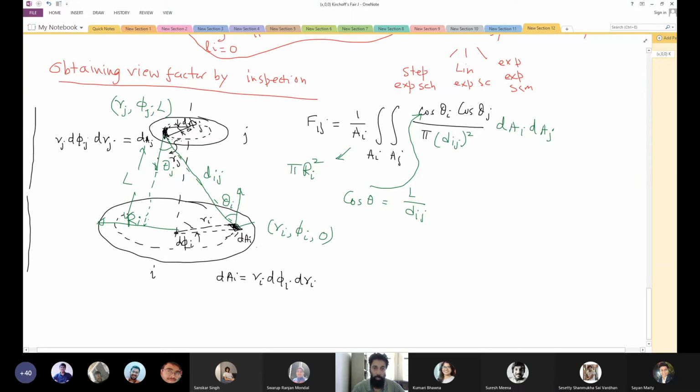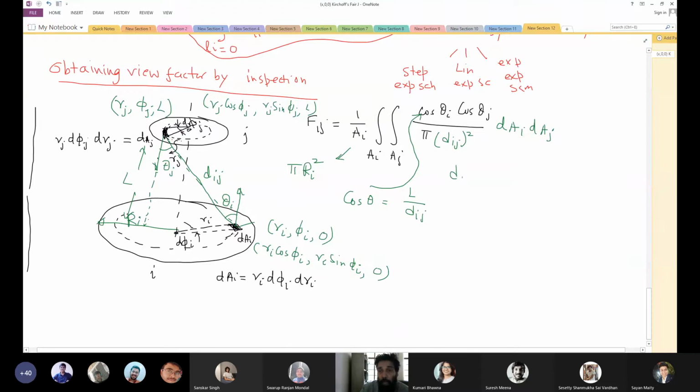So the equivalent Cartesian coordinates are Ri cos phi i, Ri sin phi i, 0, and Rj cos phi j, Rj sin phi j, L. This makes our life easier with the distance between two points, because I don't remember the exact formula for cylindrical coordinate distance, but I remember the Cartesian one.